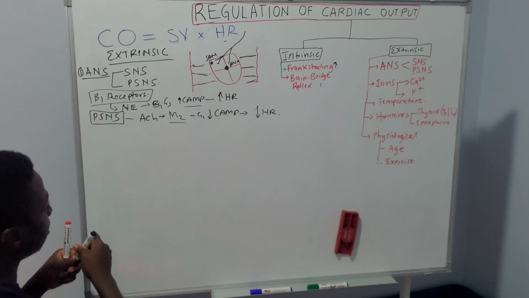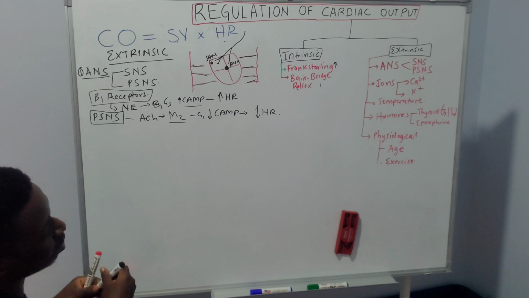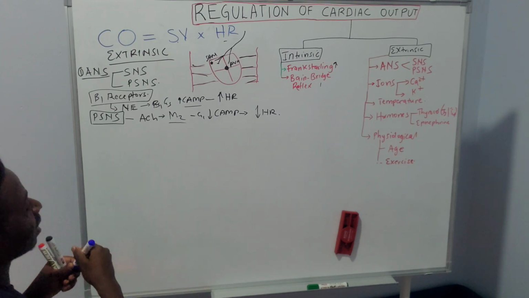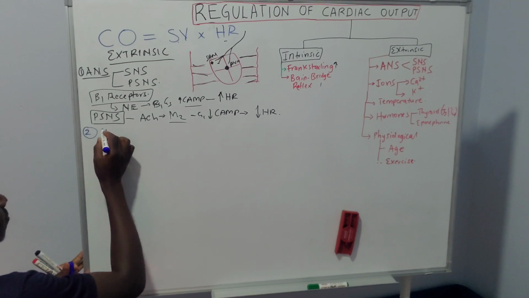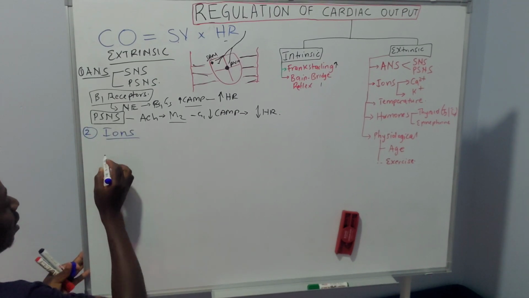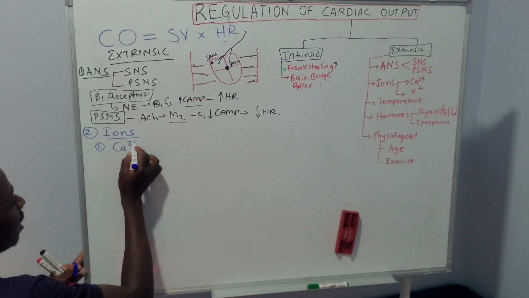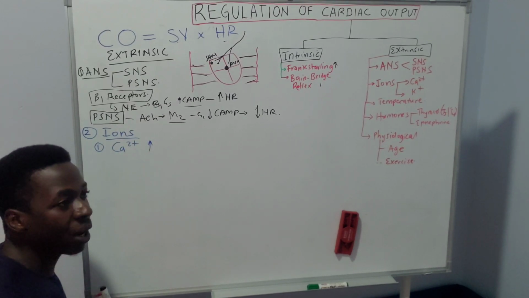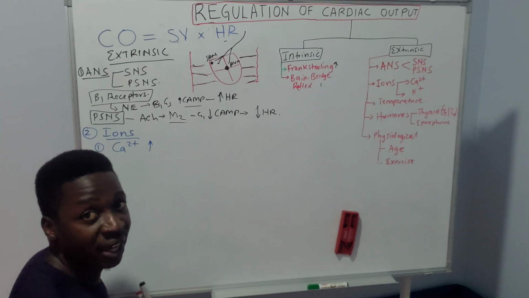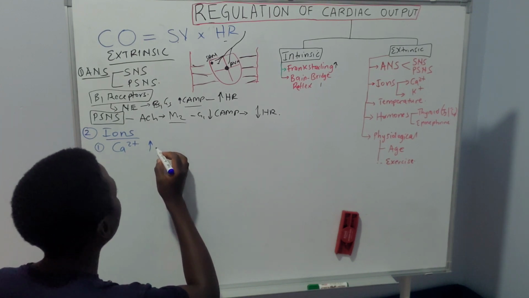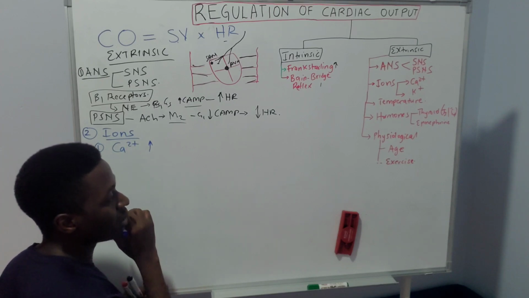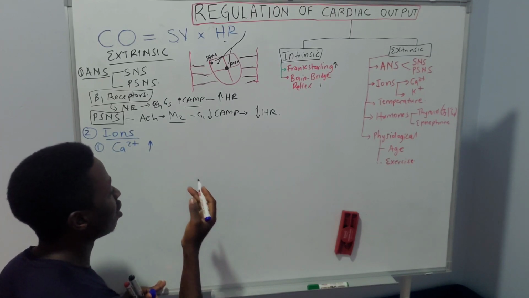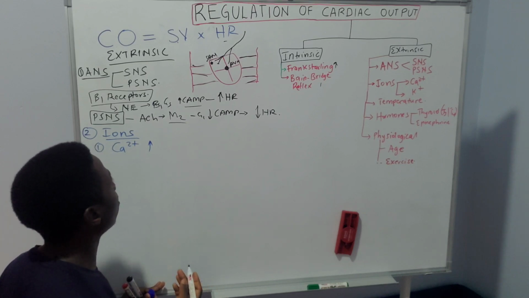Second parameter, or second extrinsic factor, is what we call the ions. Let's look at the ions. First we look at the calcium ions. When you increase calcium ions, in states of hypercalcemia, you know calcium is an important ion in the contractility of the cardiac muscle of the heart.